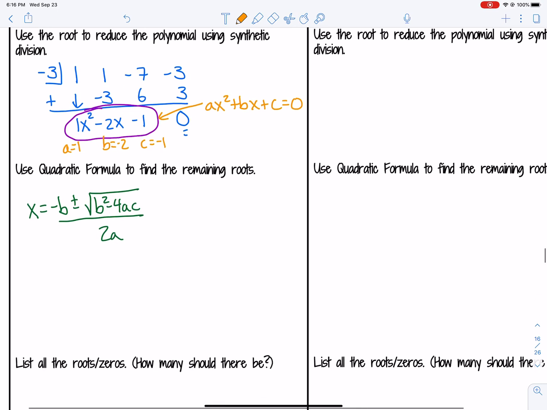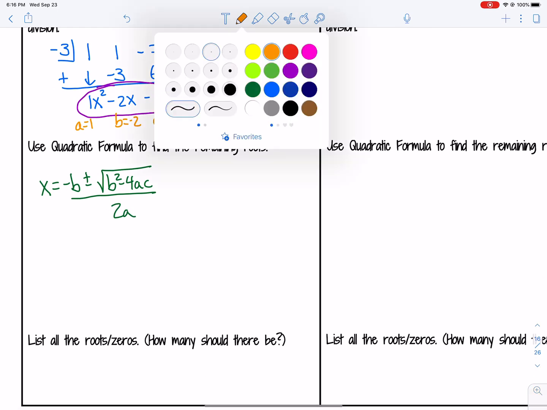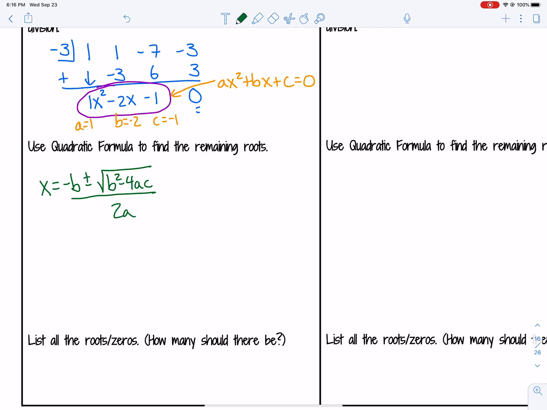So let's put that into the quadratic formula carefully. x equals negative b, so negative negative 2, plus or minus the square root of negative 2 squared minus 4 times 1 times negative 1, all divided by 2 times a, which was 1.